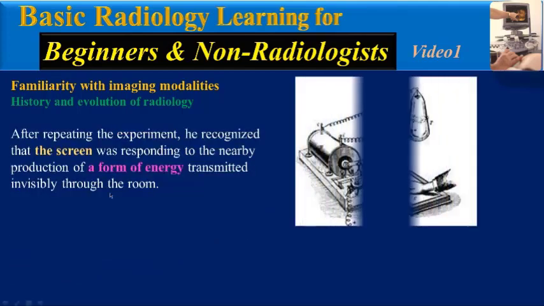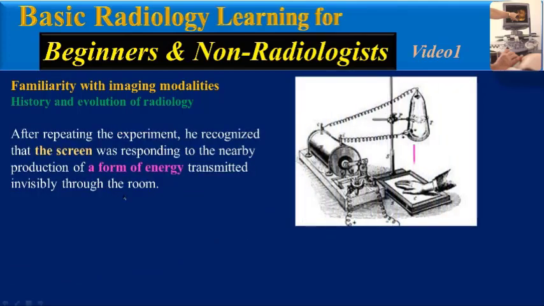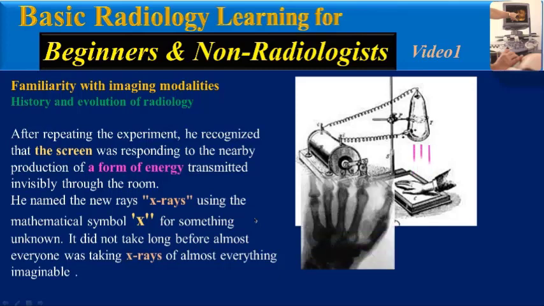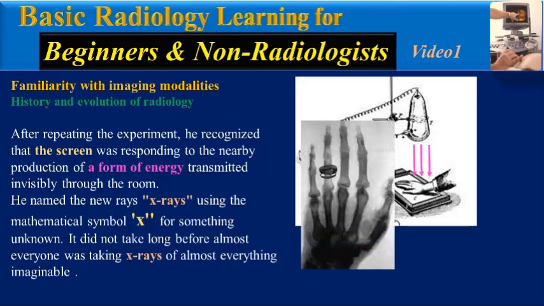After repeating the experiment, he recognized that the screen was responding to the nearby production of a form of energy transmitted invisibly through the room. He named the new rays X-rays using the mathematical symbol X for something unknown.